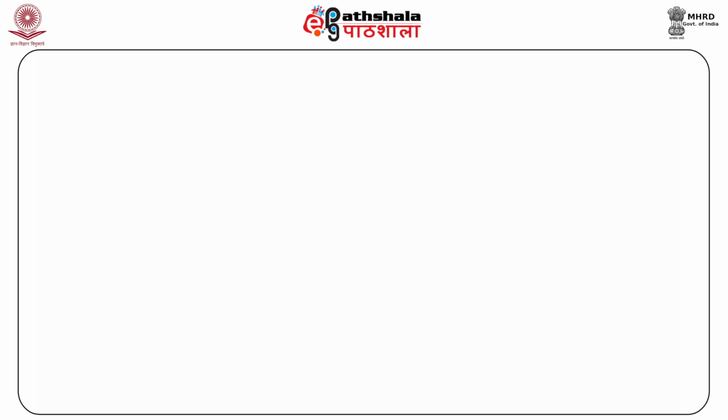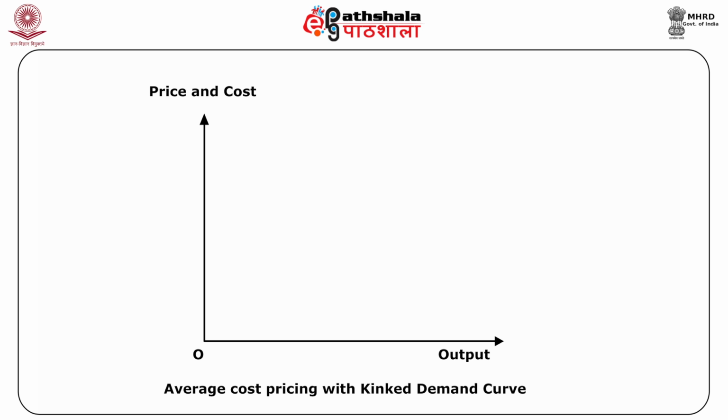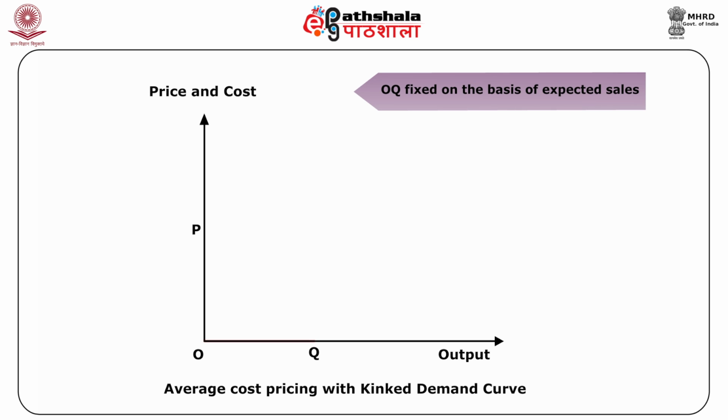In the figure, price is measured on the y-axis and quantity is measured on the x-axis. Suppose the firm wants to produce OQ units of output. This OQ unit of output is fixed on the basis of expected sales in the period.